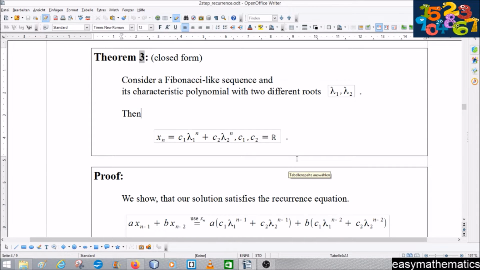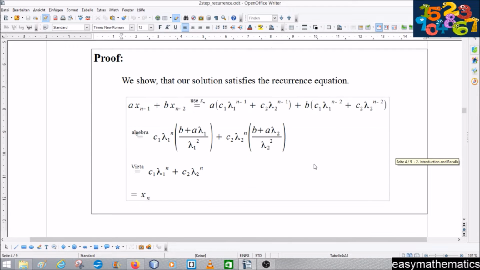And how can we prove then that this is the closed form? Of course, we take the solution, we plug the solution into the recurrence relation, make some manipulation, and see that the recurrence relation is satisfied. Okay, so we start with the recurrence a times x of n minus 1 plus b times x of n minus 2. Then we use the closed form for the indices n-1 and n-2 and plug this in.